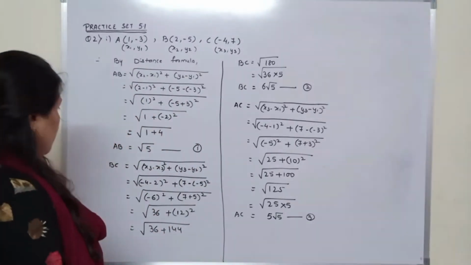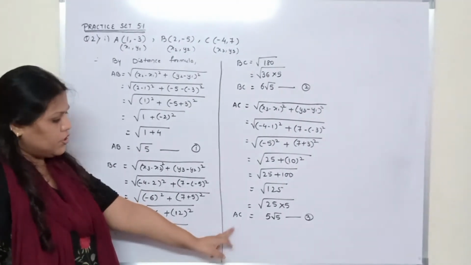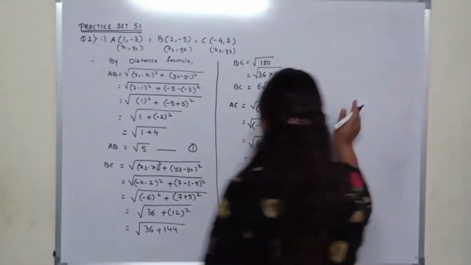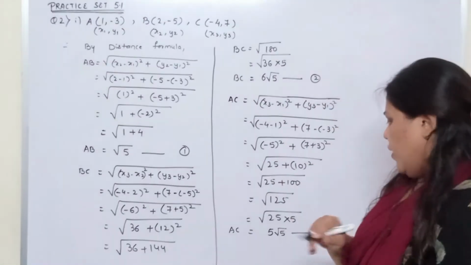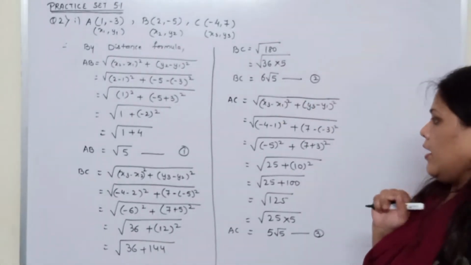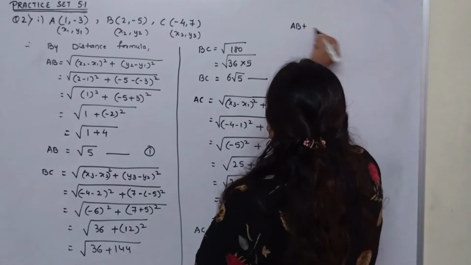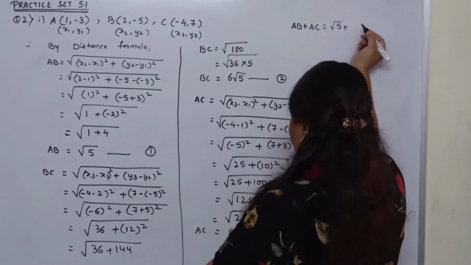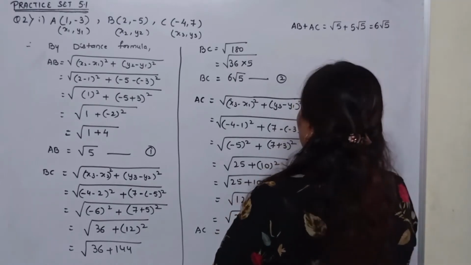Right? So we got equation 1 as root 5, equation 2 as 6 root 5, and equation 3 as 5 root 5. Now we'll arrange the equations properly. What you can see here, the biggest is equation 2, that is 6 root 5. If I add AB and AC, can I get 6 root 5? Yes, I can. So I'll write here AB plus AC is equal to root 5 plus 5 root 5, that is equal to 6 root 5, right?